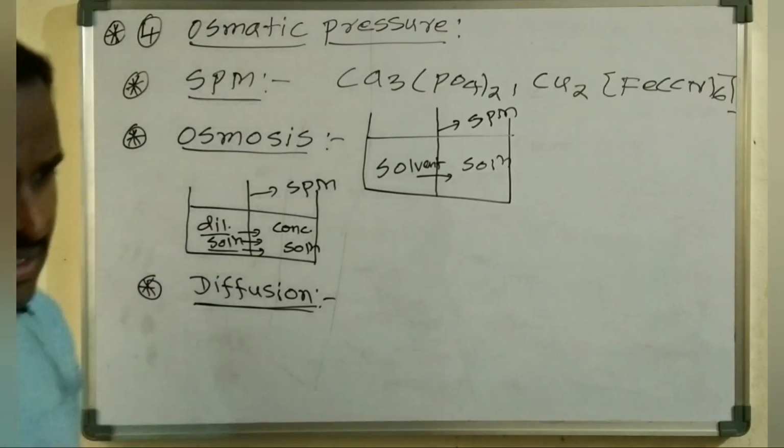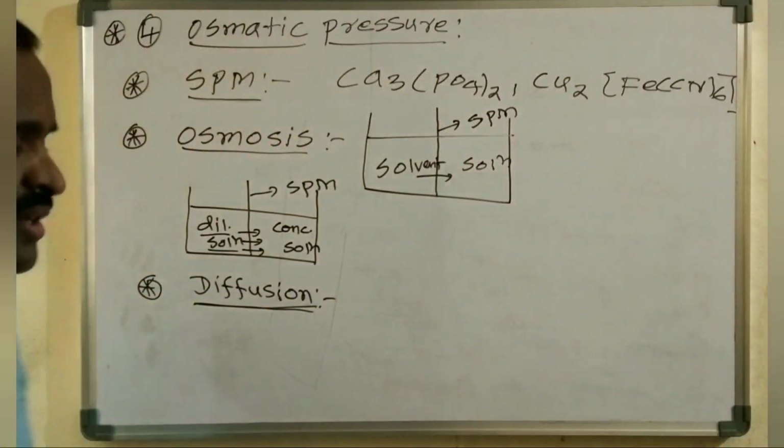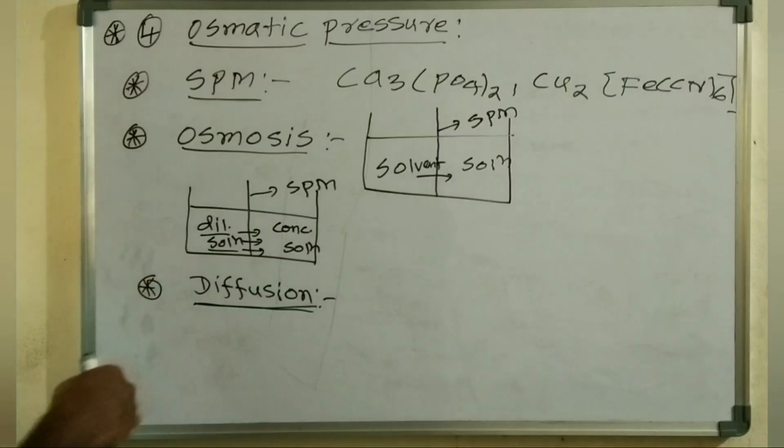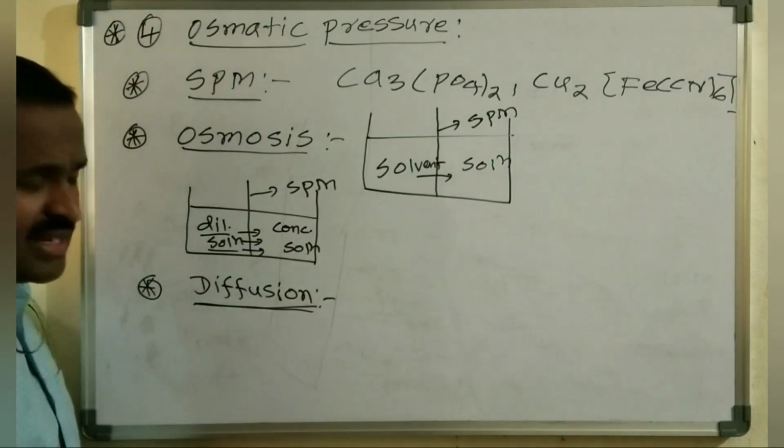Diffusion is a spontaneous flow of solvent or solute molecules from a less concentrated solution to a highly concentrated solution, or whenever a solvent and solution are separated. That we call diffusion.